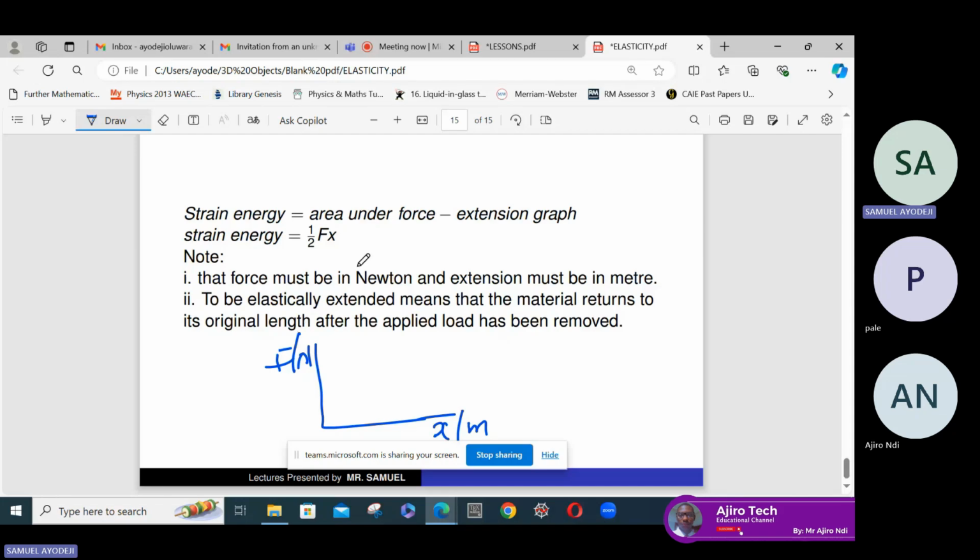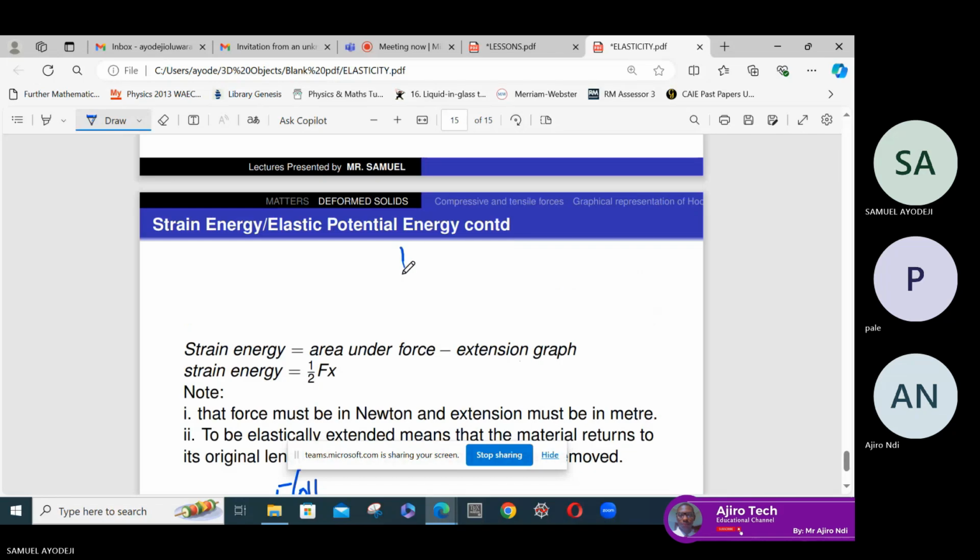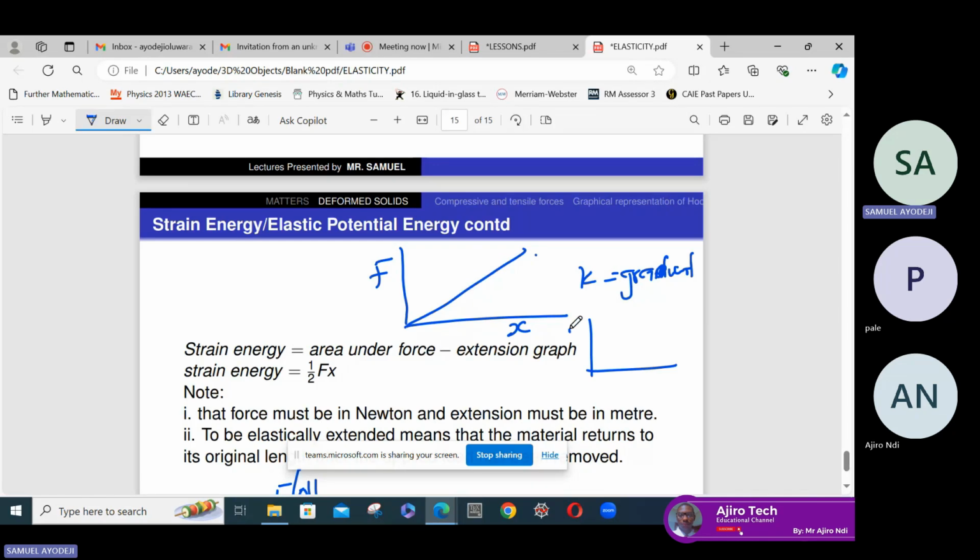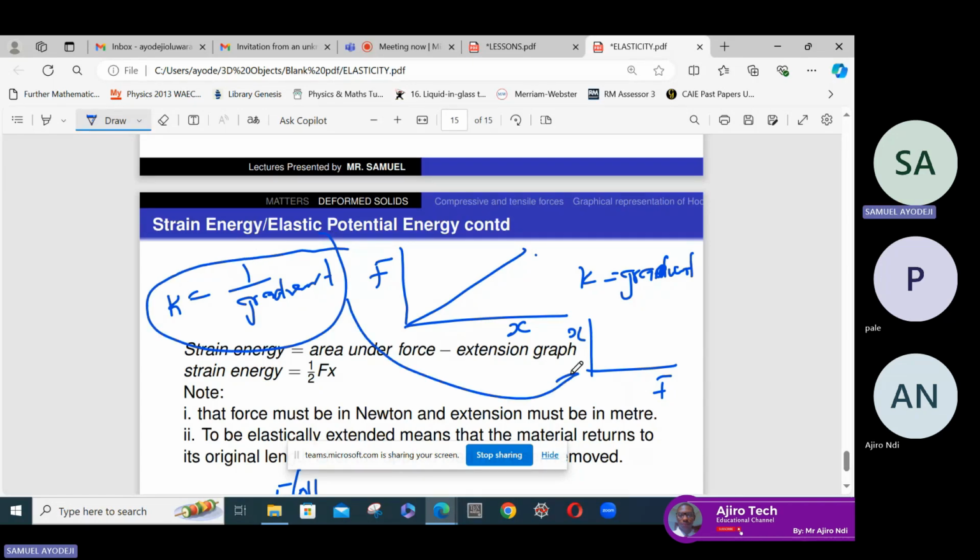Now take note, when you have F against x, the gradient is k. But if you have it the other way, x against F, then k is 1 over the gradient. This one is applicable to this graph, so take note.